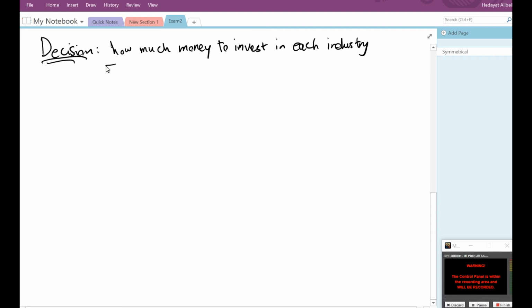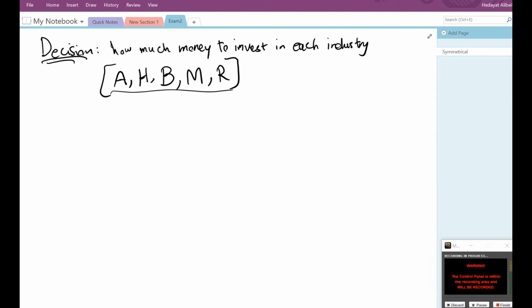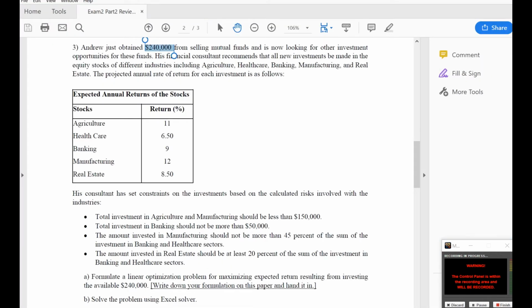And I'm going to use A for agriculture, H for healthcare, B for banking, M for manufacturing, and R for real estate, just to make it a little bit simpler in terms of displaying. So five different industries, and now the decision is how much to invest.